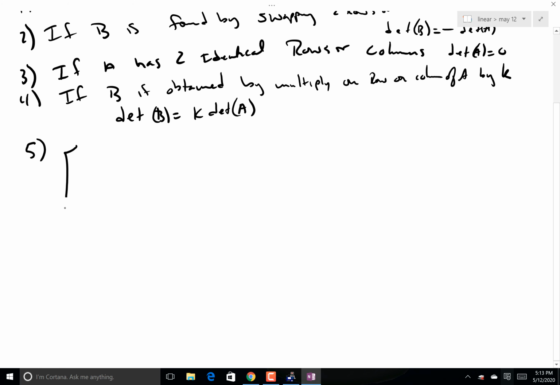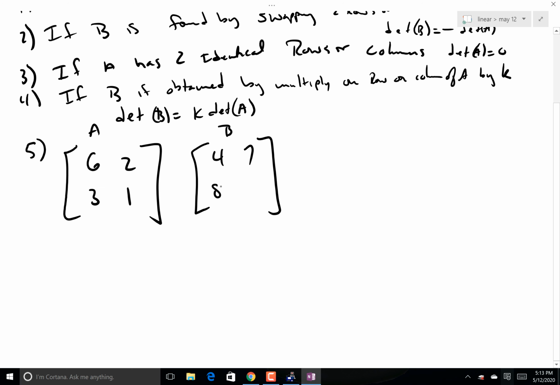If this is A, this is B, and this is C. Check it out. Oops, sorry. A, B, and C are identical except for the ith row. Got a little carried away there. Okay?